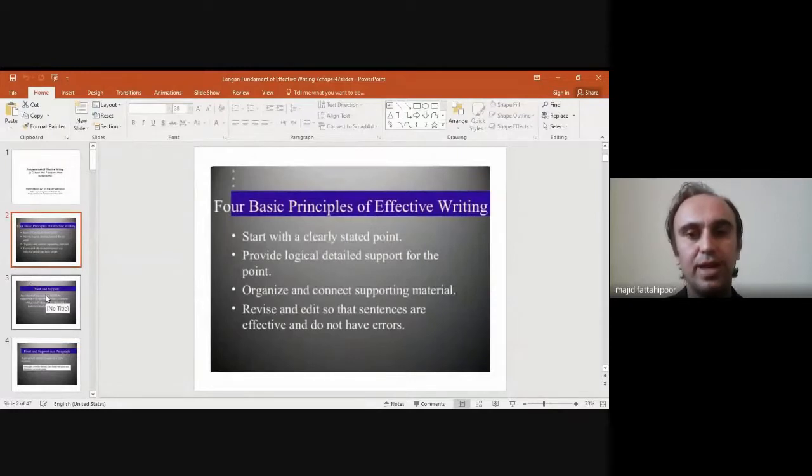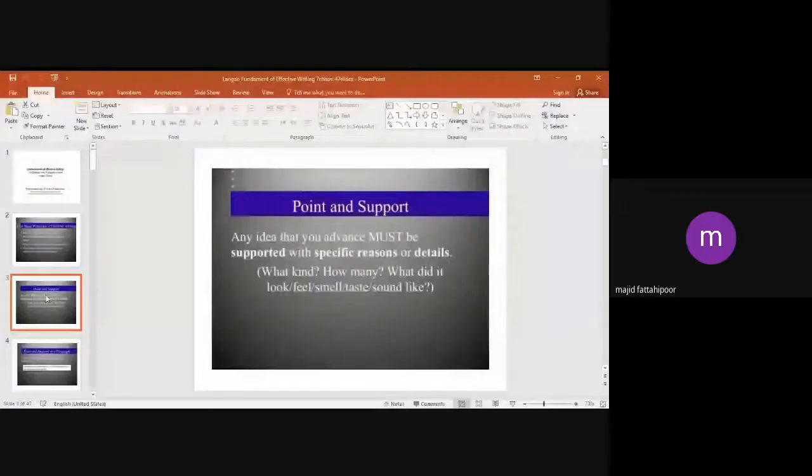We are allowed to have errors until we come to the revision and editing stage. Put it another way, before editing a stage, before revising a stage, it's okay to have some errors because you're doing it step by step, and one step at a time.